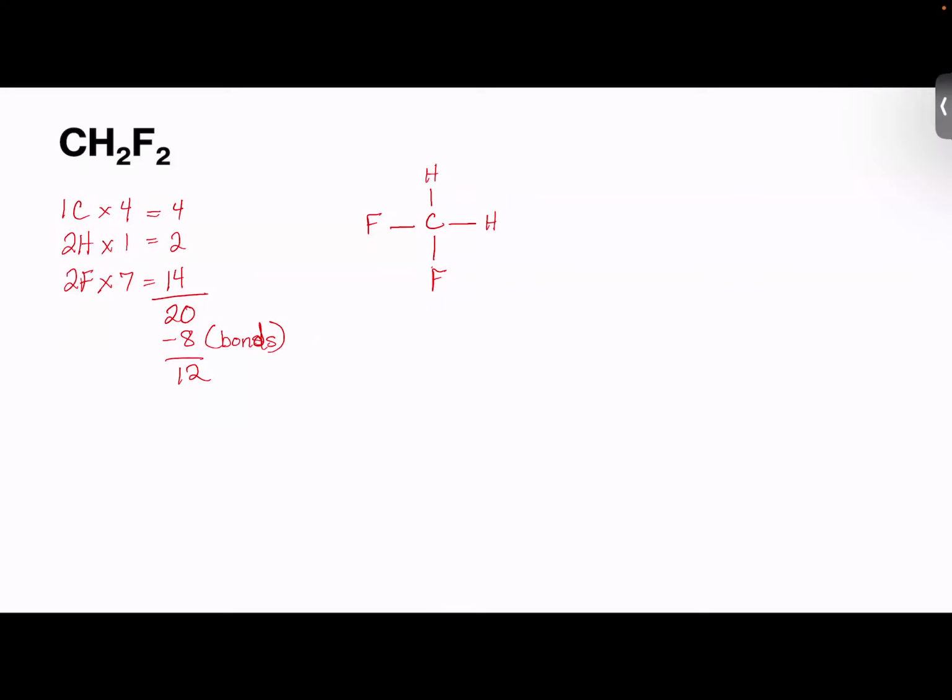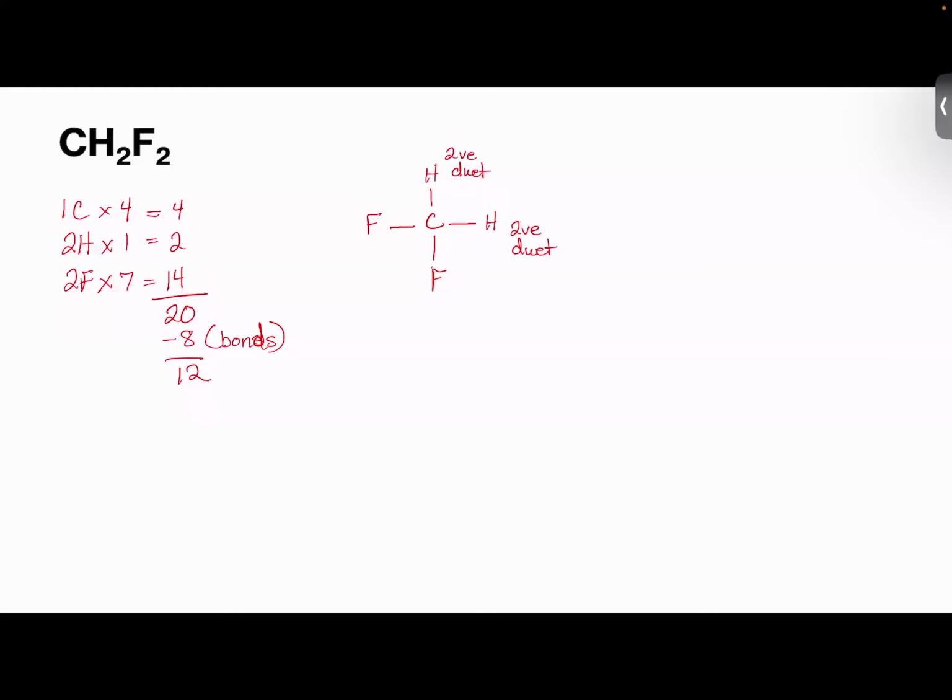So our hydrogens already have their version, which is a duet, because they have a share of 2 valence electrons. And that is true for both of our hydrogens. So our hydrogens don't need any additional electrons.